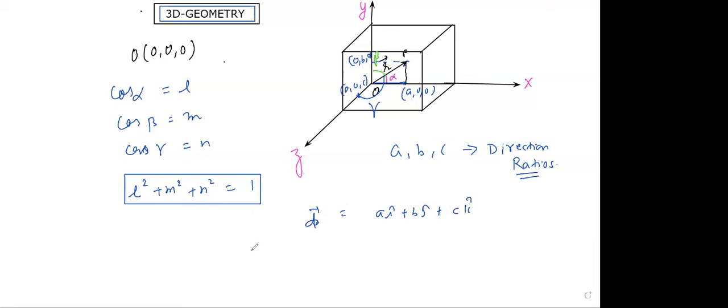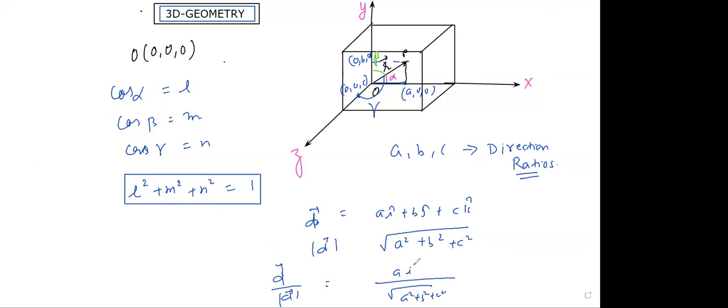Then direction cosine can be obtained by dividing by the magnitude of D, which is root a square plus b square plus c square.